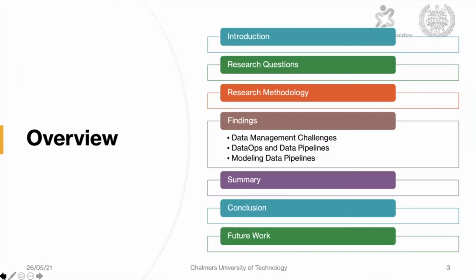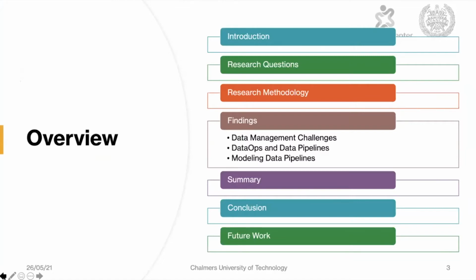So this is an overview of my presentation. I'll start with introducing the topic and the relevance of the topic, and then I'll talk about the research questions and the research methodology that I have adopted to answer these research questions, and then I'll talk about the findings. The findings are subdivided into three parts: data management challenges, data ops and data pipelines, and modeling data pipelines.